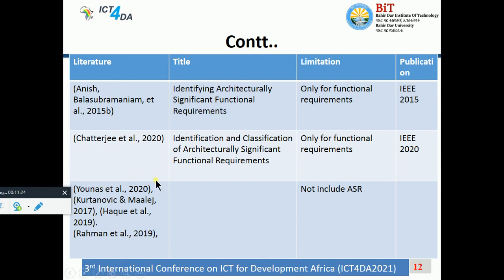There is also a lot of research on the classification and identification of requirements, but it doesn't include which requirements are architecturally significant and which are not. They only study which ones are functional requirements and which are non-functional requirements.